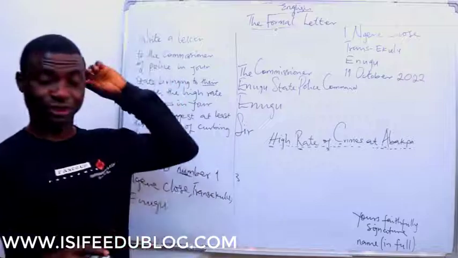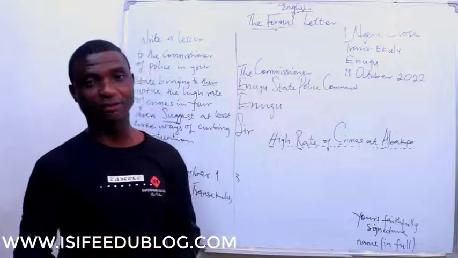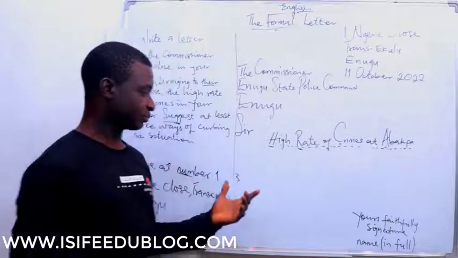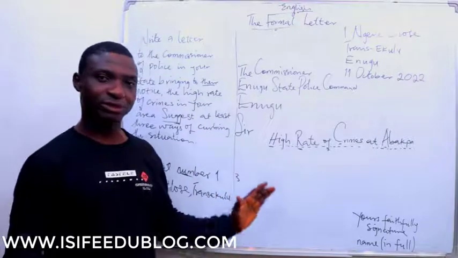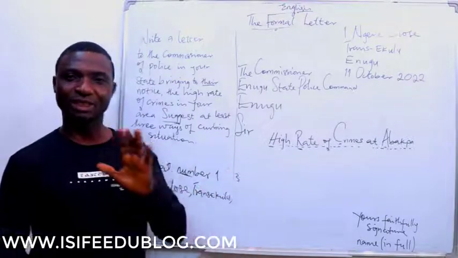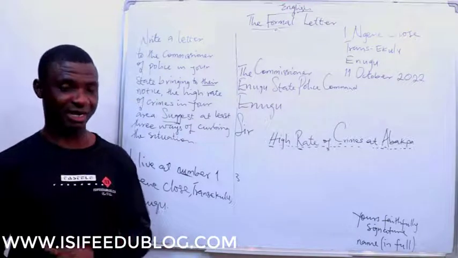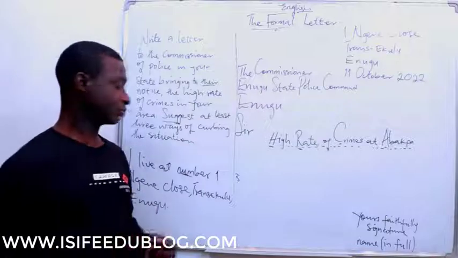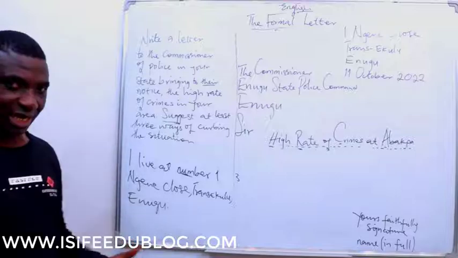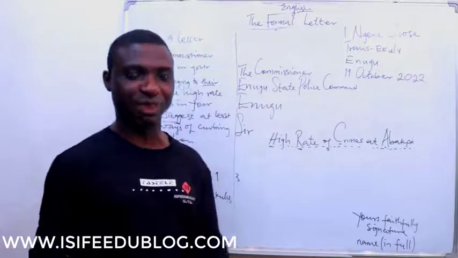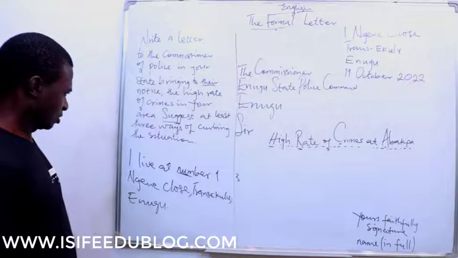You have opened up the heart of the commissioner, you have introduced your area, and you have pointed out 3 crime incidents in your area, giving you about 5 paragraphs. Now, you want to go into solution. You're not just a problem bringer. You should also be a solution bringer. So, let's see the solution you're bringing to the table.